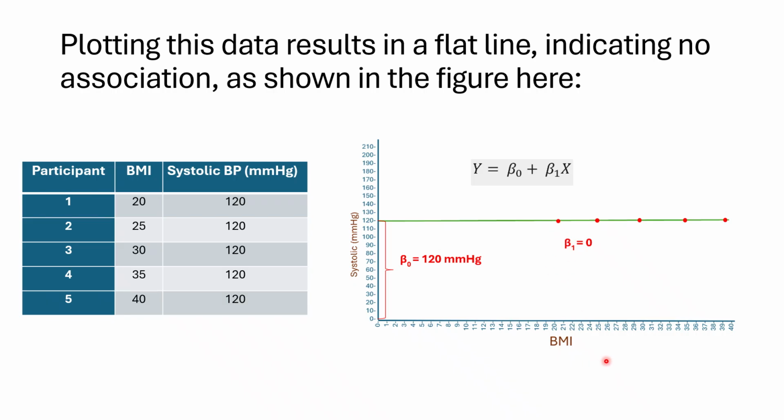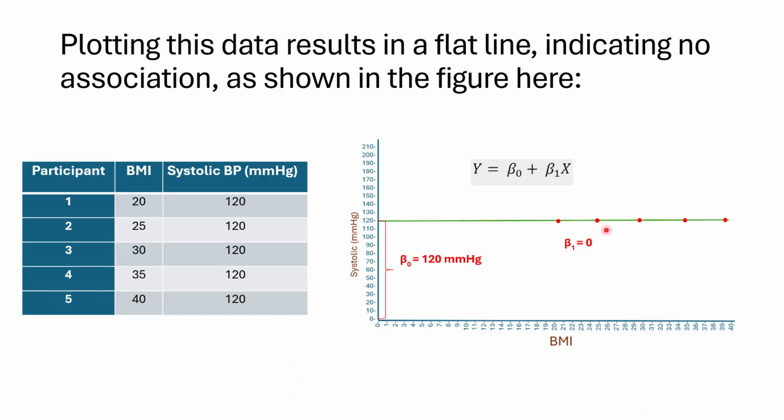The second participant with a BMI of 25 had a systolic blood pressure of 120, and so on. So when we join these red dots, the result is a flat horizontal line. The slope is 0, meaning that there is no change in systolic blood pressure regardless of changes in BMI.